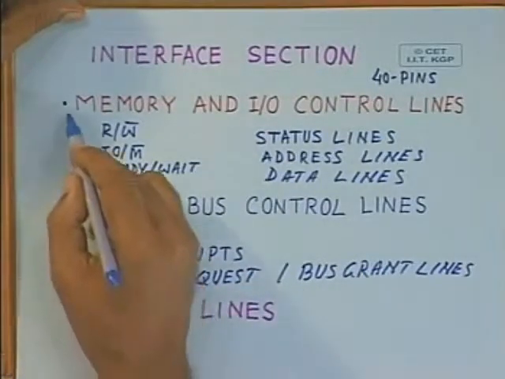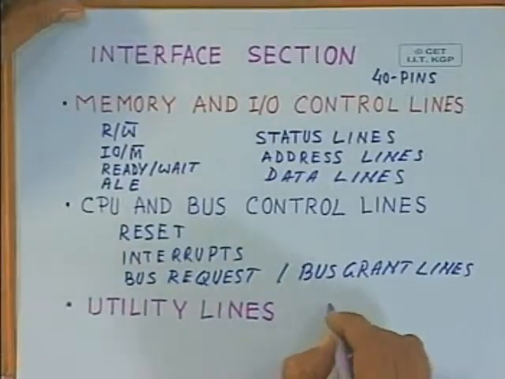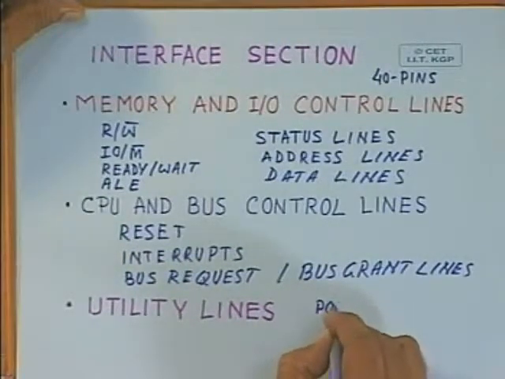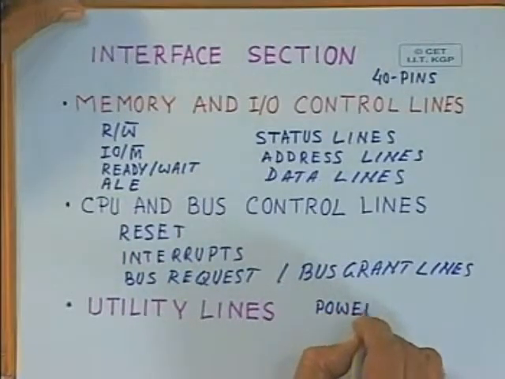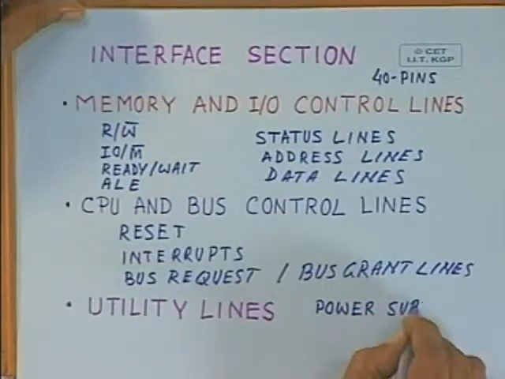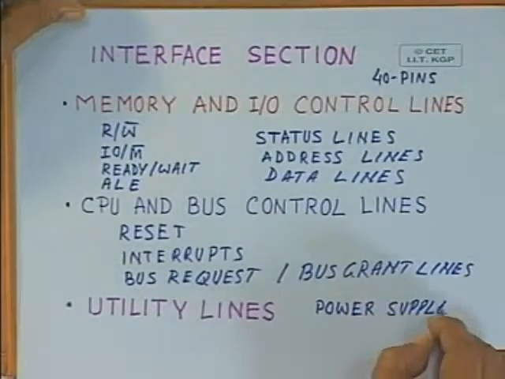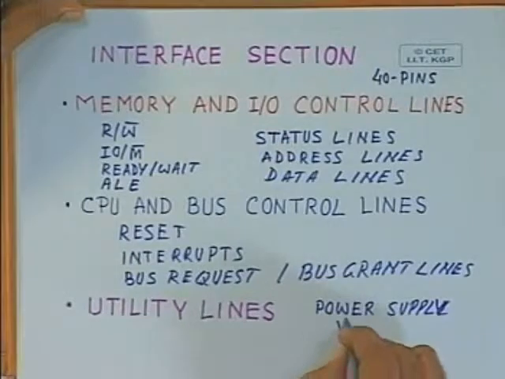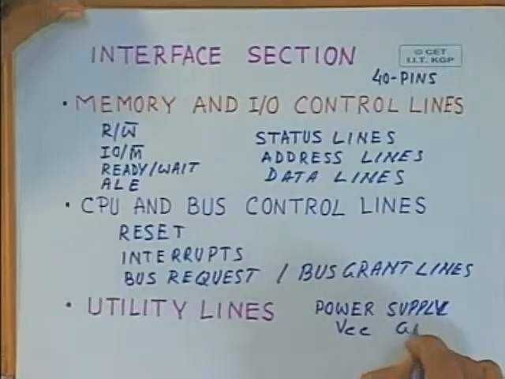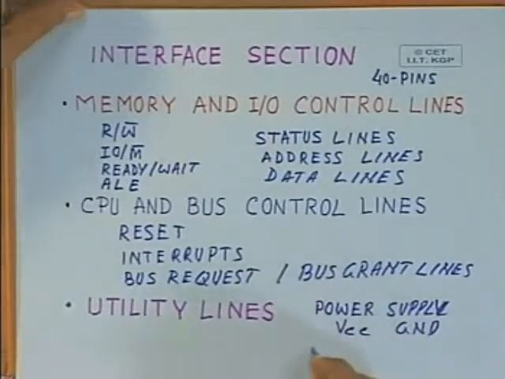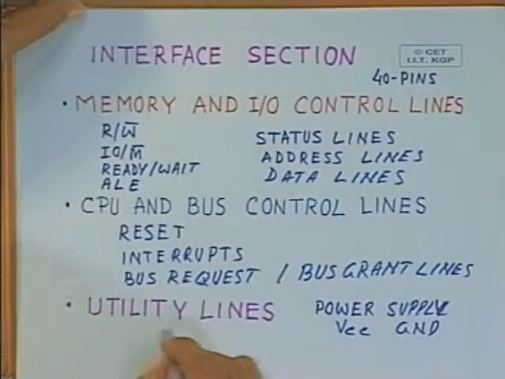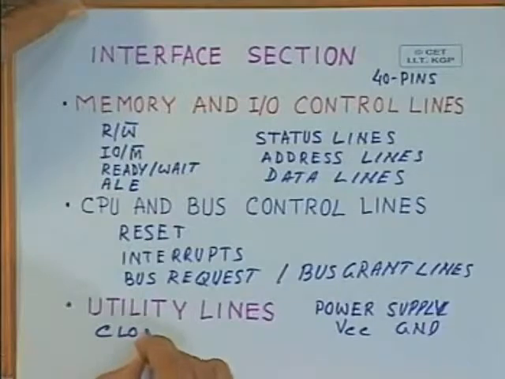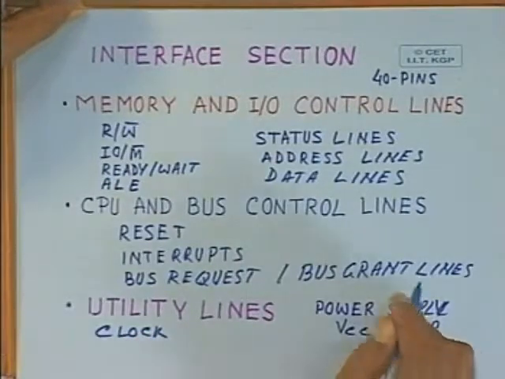Apart from these lines, you will require utility lines like power supply lines, VCC, ground. You will require some clock lines, because you will see that microprocessor is nothing but a sequential circuit.